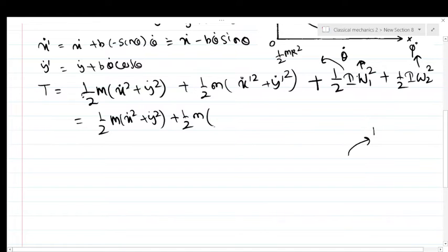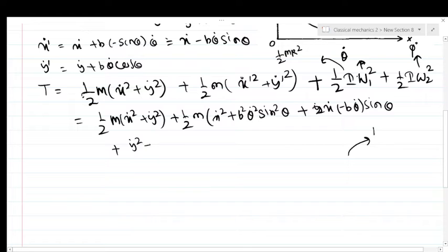If you do the squares, then that will be x dot square plus b square theta dot square sin square theta plus y dot square plus 2 x dot times minus b theta dot sin theta, plus y dot square plus b square theta dot square cos square theta plus 2b y dot theta dot cos theta.